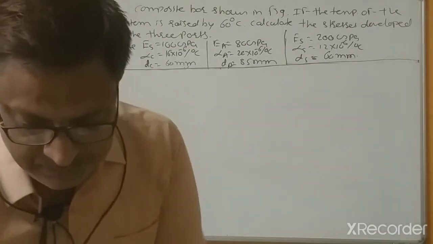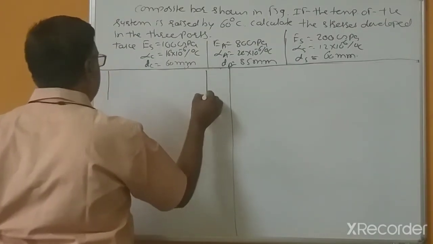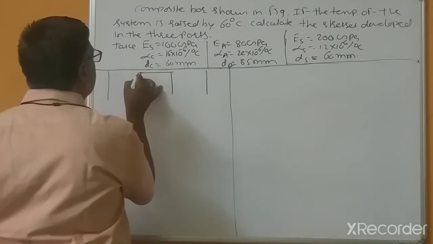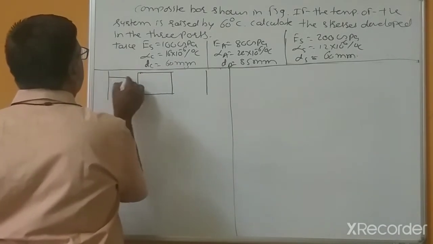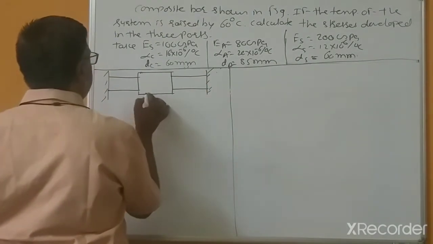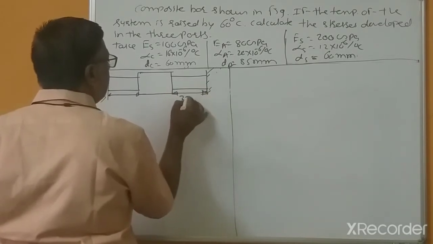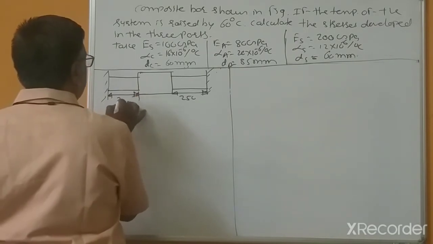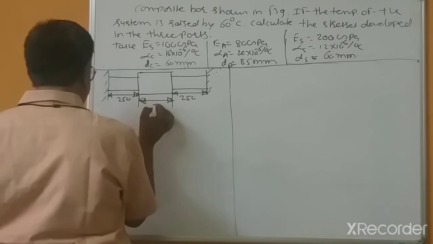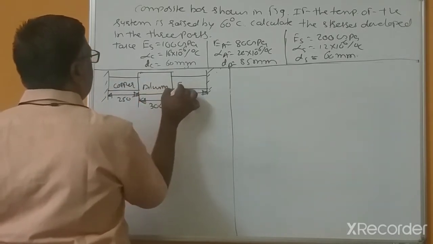So first figure, this is copper, this is aluminium, and this is steel.